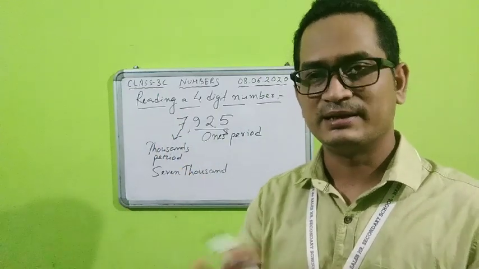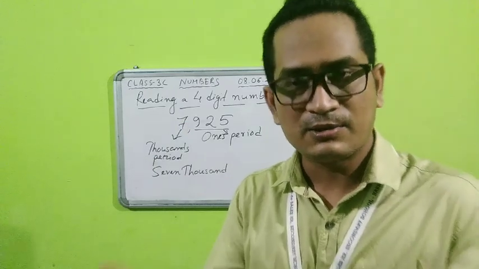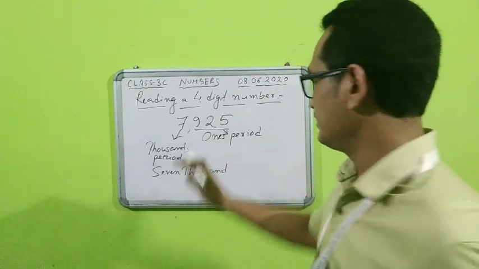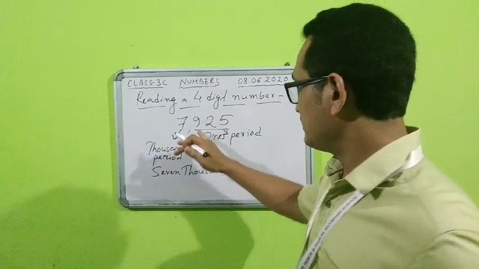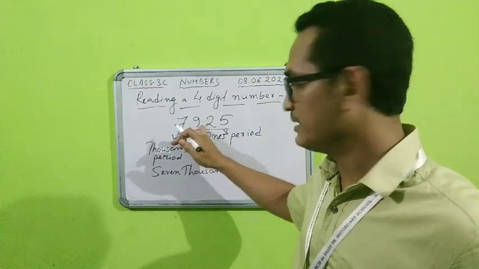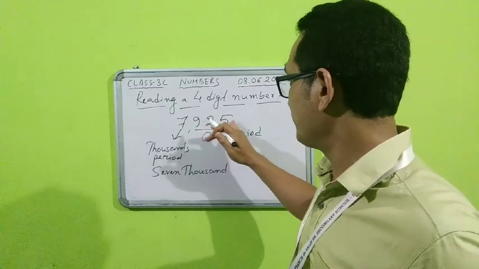That is 7,000. The name of 7 is 7,000 because it is living in the thousands house. After that, this is the ones house. You can say they are in the ones period. So this you already know how to read because this is in the hundreds place. So this is 900 and this is 20 because 2 is in the tens place. So it is 20 and 5 is in the ones place.